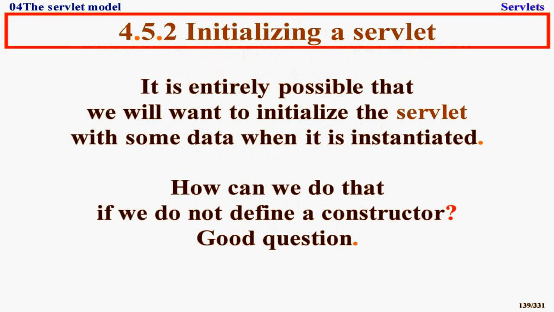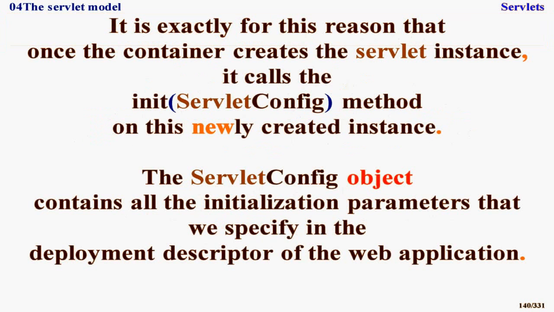4.5.2. Initializing a servlet. It is entirely possible that we will want to initialize the servlet with some data when it is instantiated. How can we do that if we do not define a constructor? Good question. It is exactly for this reason that once the container creates the servlet instance, it calls the init(ServletConfig) method on its newly created instance.